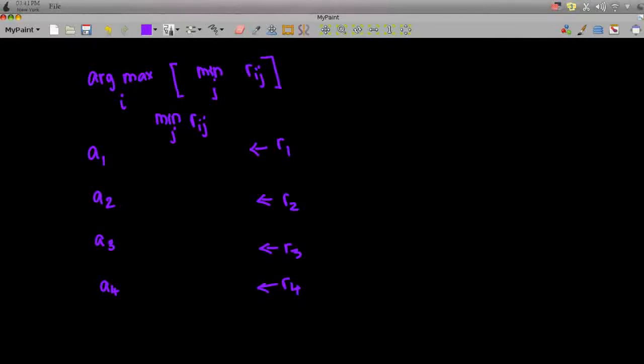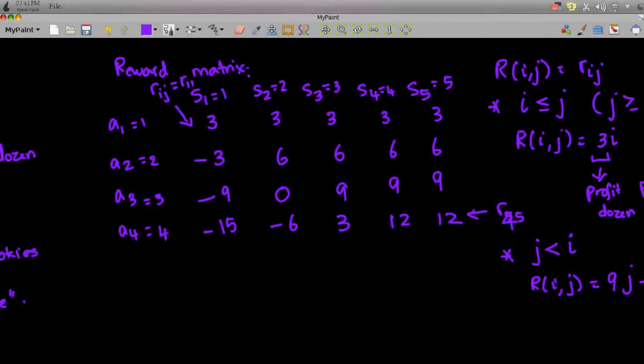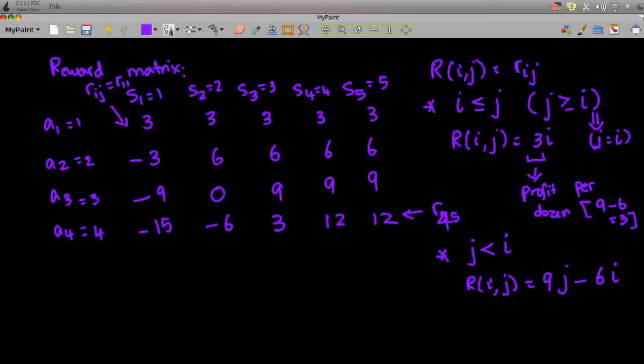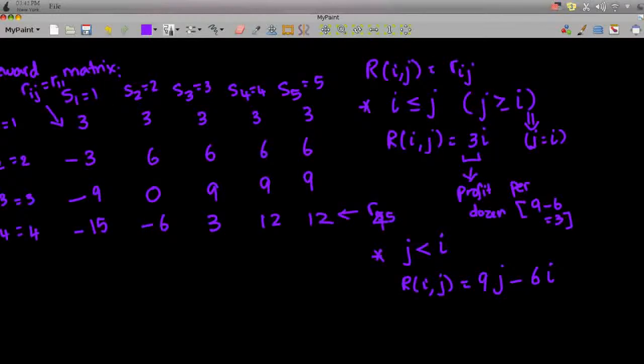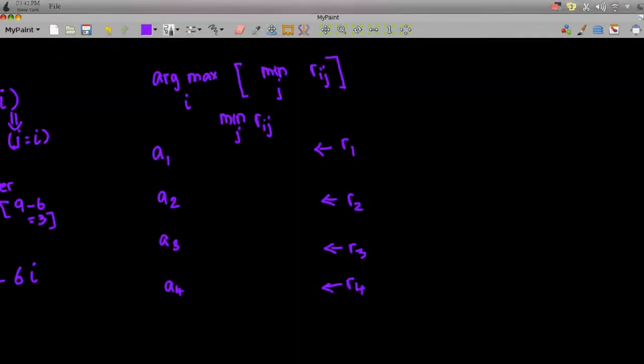So how do I find the minimum? It's quite straightforward. If I fix the first action, I'm fixing the first row, and I have to find the minimum of all these values. The minimum of 5 3s is just a 3. So the first minimum is a 3.